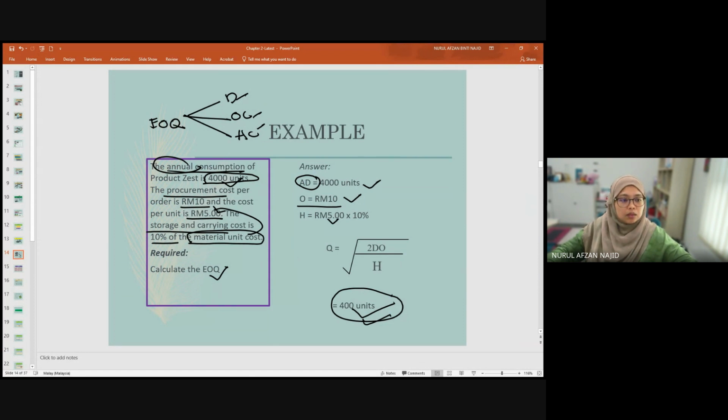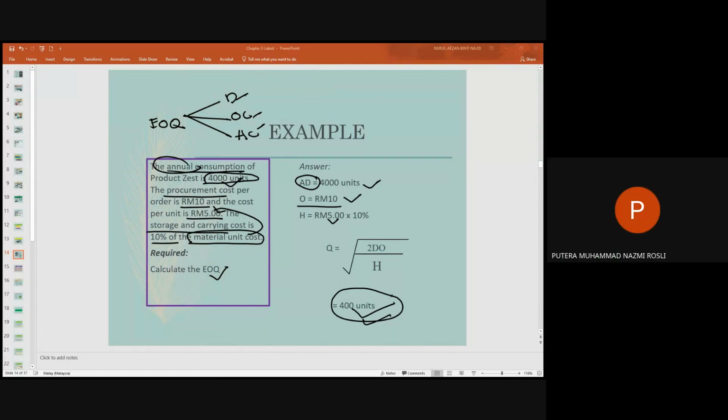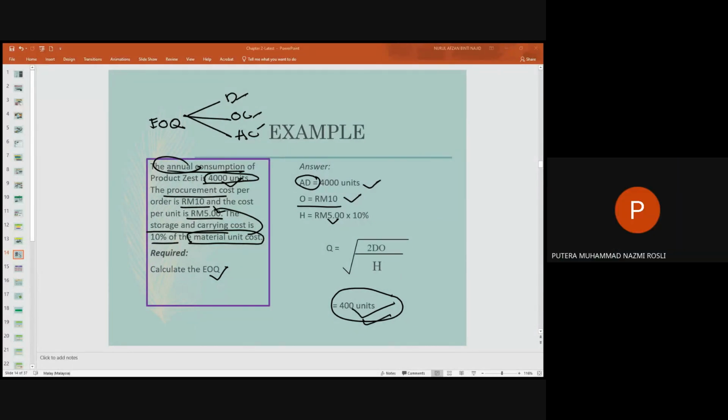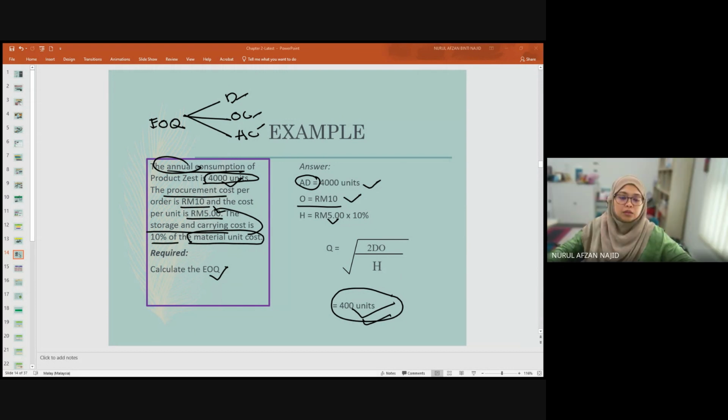Alright, so can I proceed to the next slide? Okay, good. Alright. Are you okay? Everyone okay ke tak okay? Putra, you okay? Nak panggil you apa? Putra ke ataupun Nazmi ke apa? Putra pun boleh. Boleh, okay. So okay Putra?